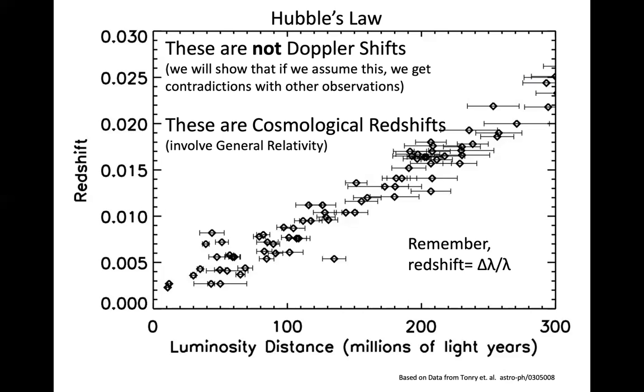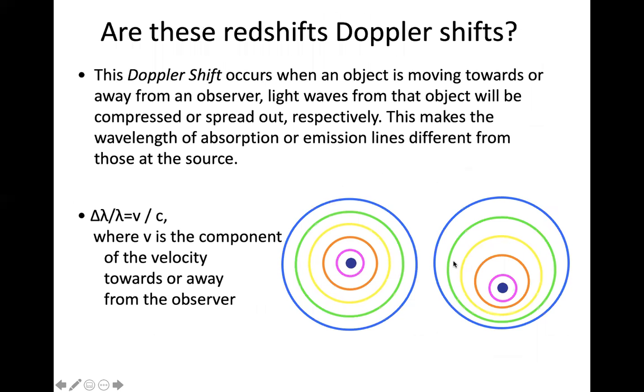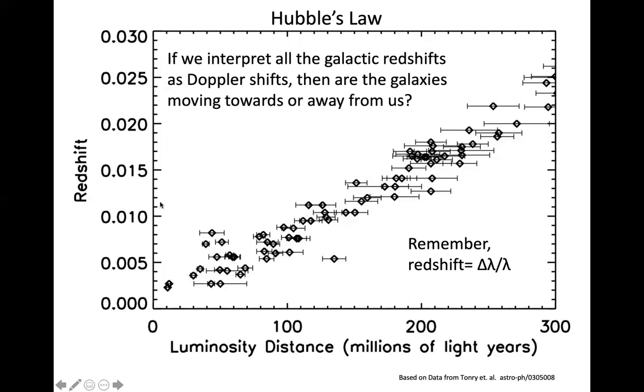Now, the idea that these are Doppler shifts is not an unreasonable one. We can, in fact, look at this curve and interpret these as Doppler shifts. There's nothing intrinsically wrong with that idea. Changes in velocity do produce changes in the wavelength of light, and we can even convert these redshifts into what speeds those objects would have to be moving at to produce this.